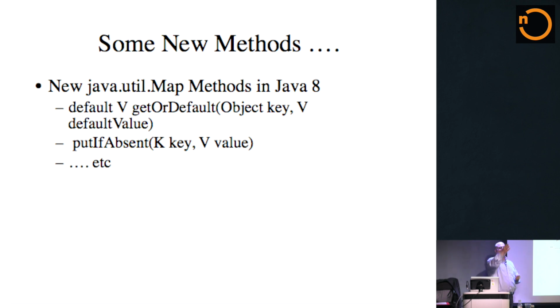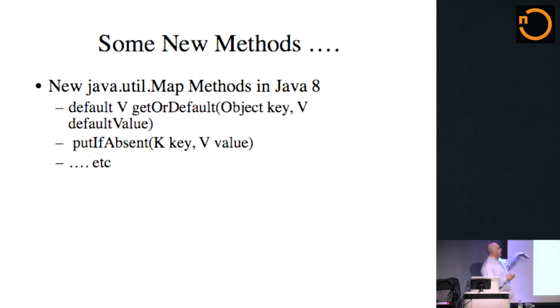Putting if absent has some threading issues, yes, but you still write a lot of it. And it'd be nice not to have to write it every time. So, we've all done that. It's not there, add it. Yes, it has threading issues. It still does. So you still have to know what you're doing there.